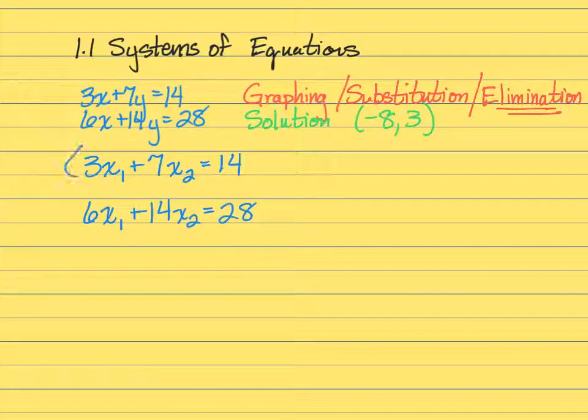And that allows us to deal with larger systems, 7 by 7 and 8 by 8, big systems. In the real world, the systems that get solved are many hundreds of variables and equations. And so using this kind of subscript notation allows us to keep track of things a lot easier. So just get used to that.